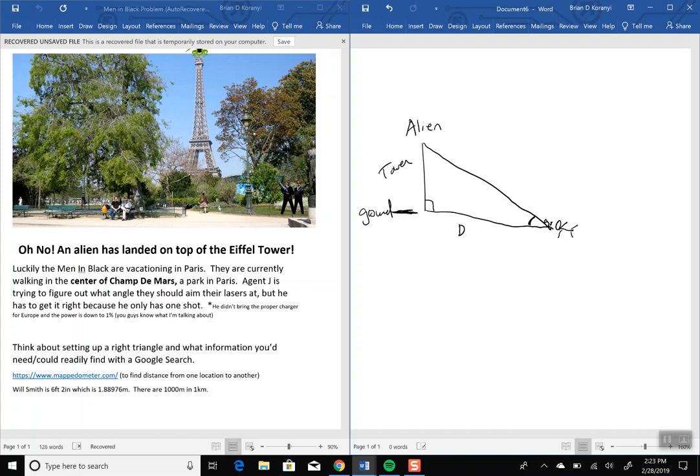What you do have to worry about is the distance from the base of the tower to Will Smith in the park. And you also have to worry about the height of the Eiffel Tower. That's information we can readily look up.